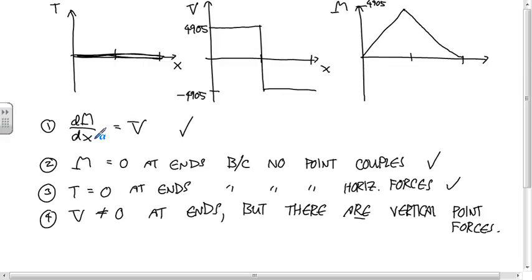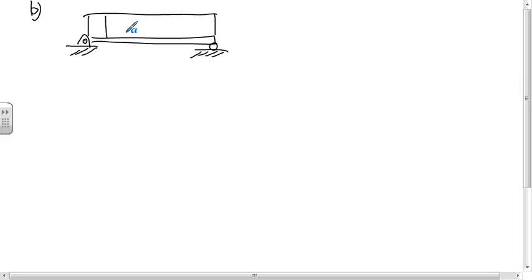All right, so let's now do the problem with distributed loads and compare the diagrams that we get to these. So now we're going to do the problem this way.